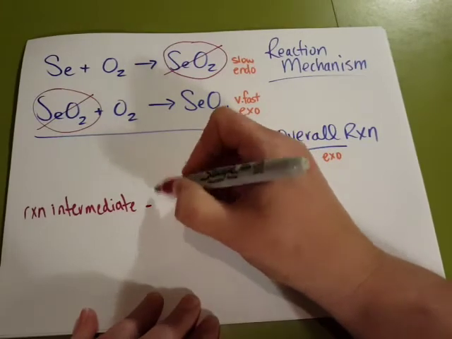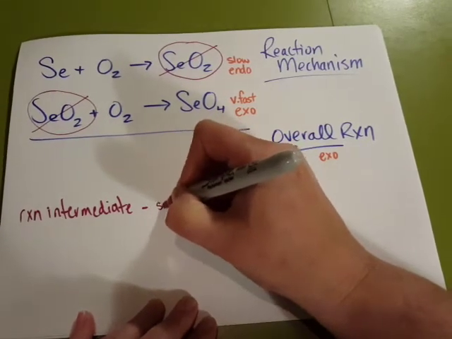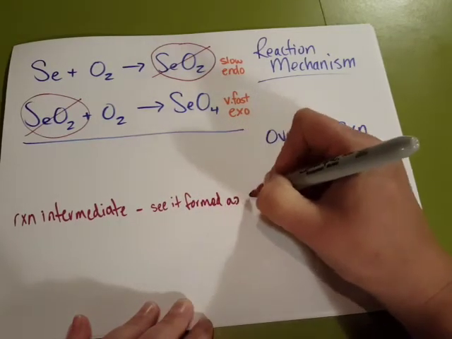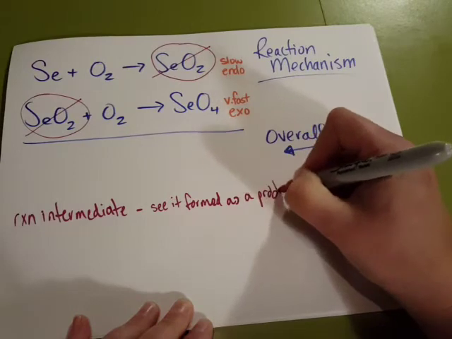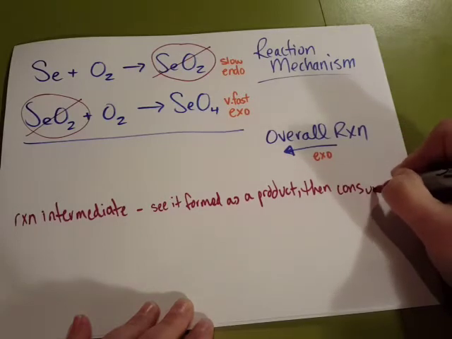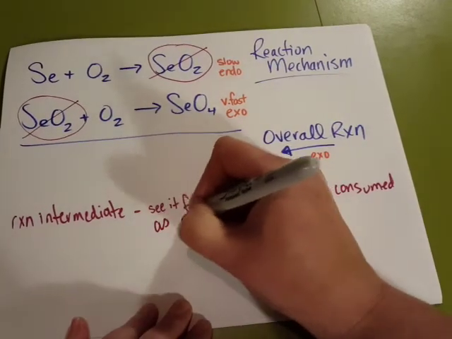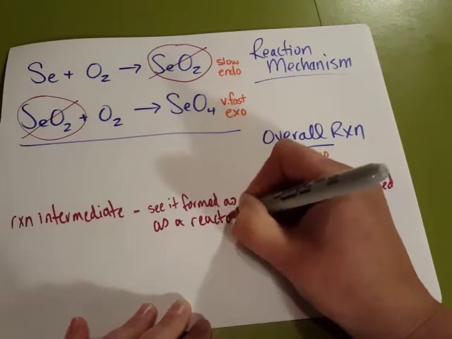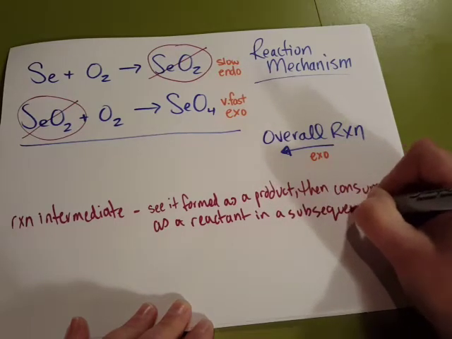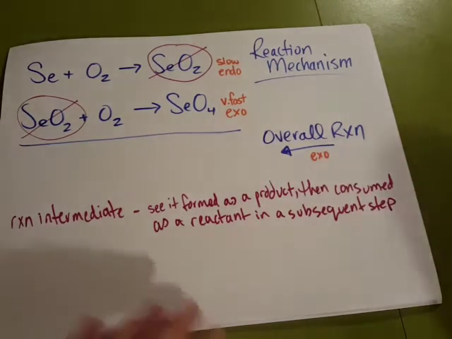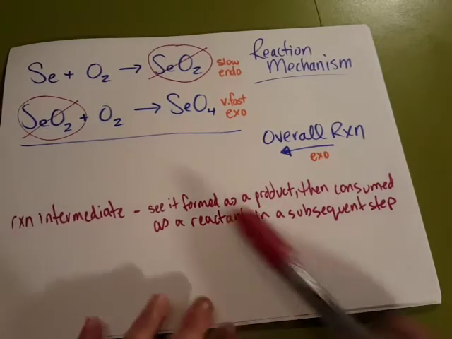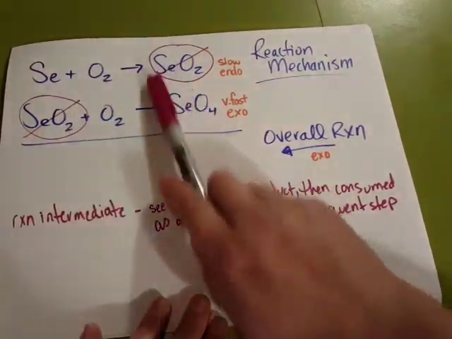We see it as a product, then it gets consumed as a reactant in a subsequent step. So reaction intermediate. And the things that we see now as products, we don't see again as reactants.